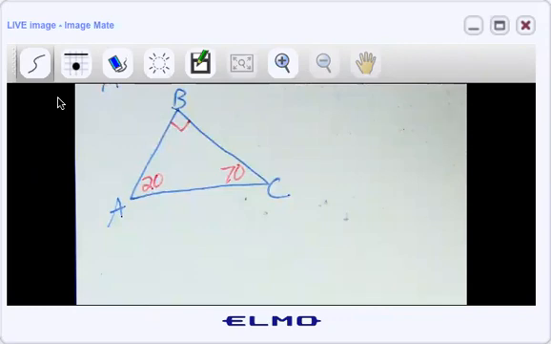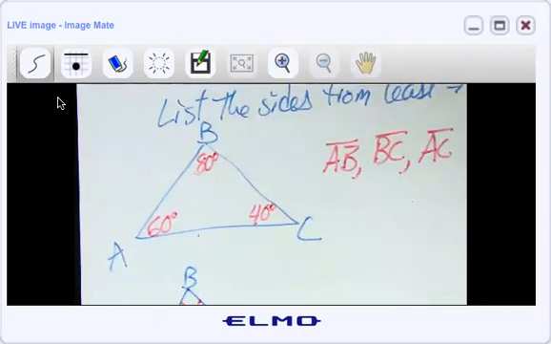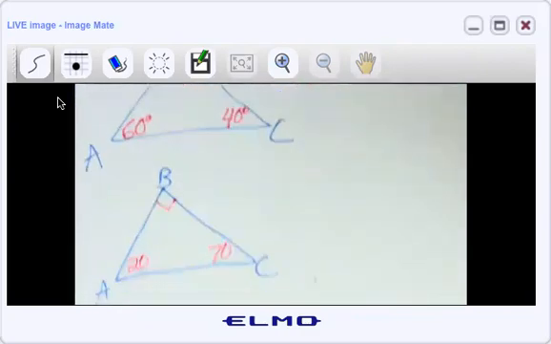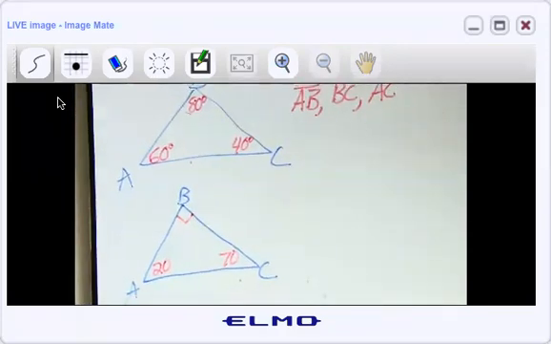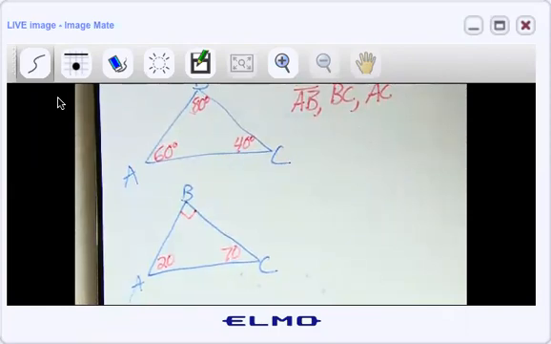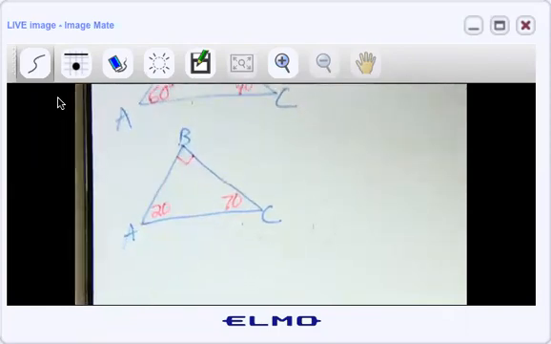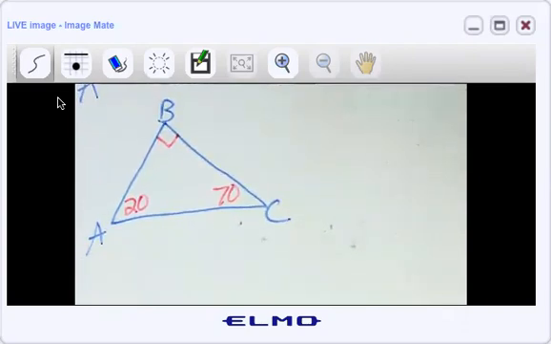B. Well, B's another angle. Okay, you need to give me a side. AB. Is the smallest? Oh, I meant AC. Sorry. You want to try one more time?